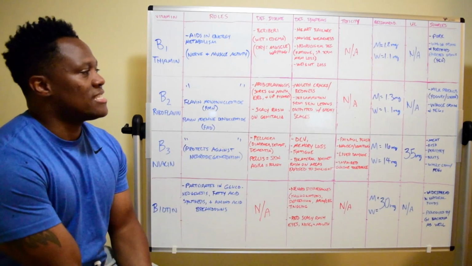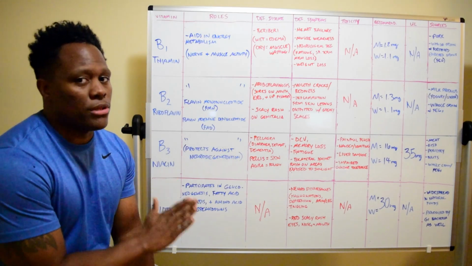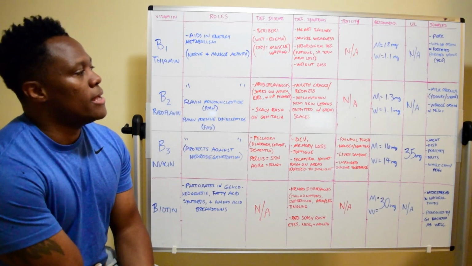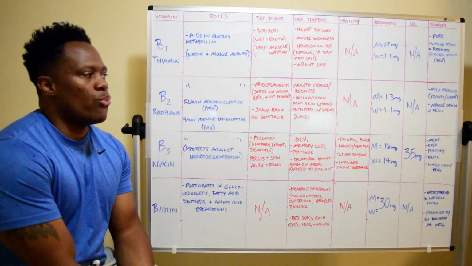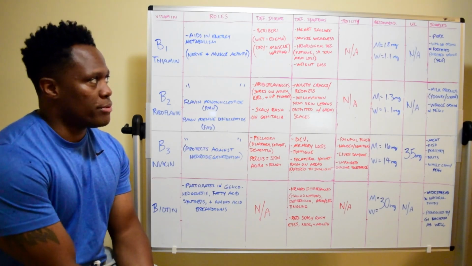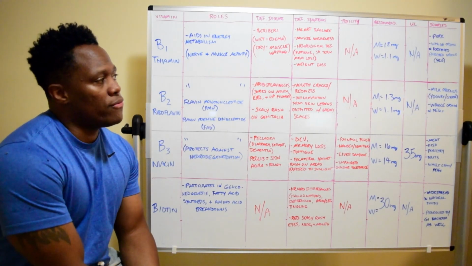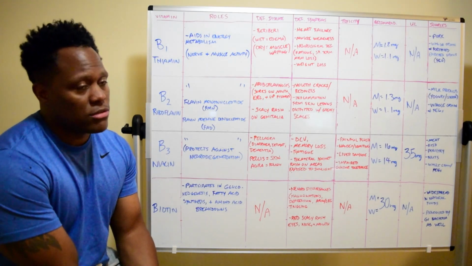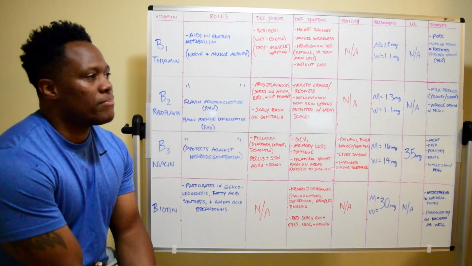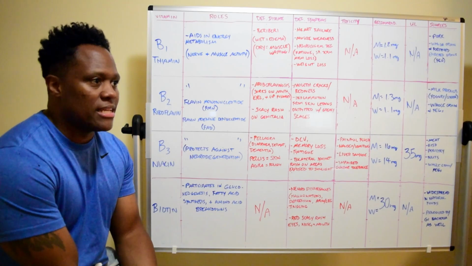There's no toxicity established, which of course means there's no upper limit established. For men, 1.3 milligrams, and women 1.1 milligrams per day. That's the recommendation for riboflavin. Some of the sources you can get riboflavin from are milk products, like yogurts and cheeses, if that works for you.